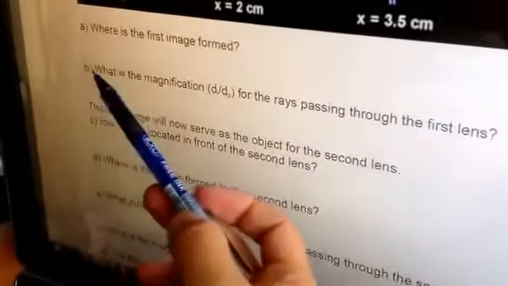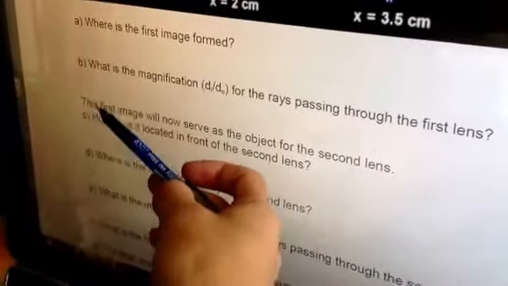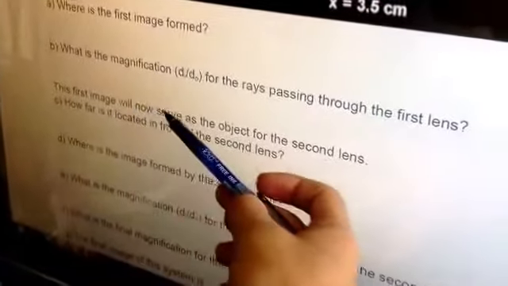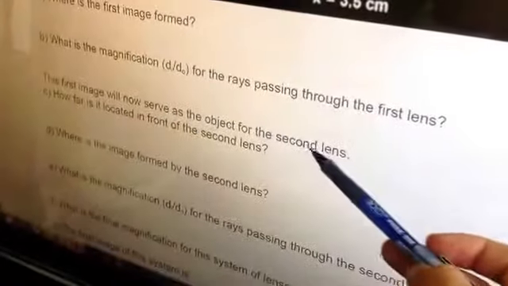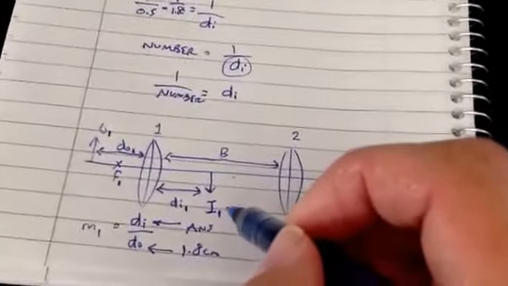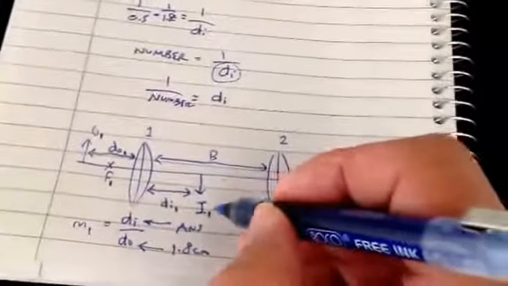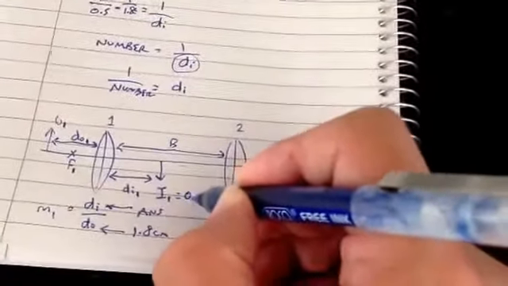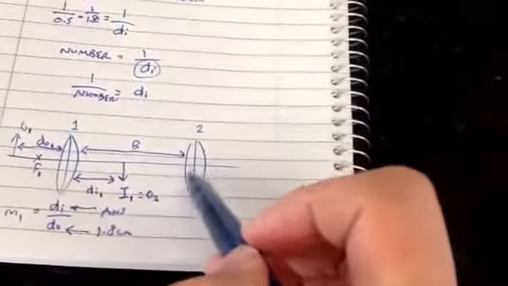Now we come to the bit where we deal with the second lens, and notice how this sentence here says this first image will now serve as the object for the second lens. What does that mean? That means that the first image we just worked out here, the image for the first lens, will now actually be the object that we'll be using for this lens.